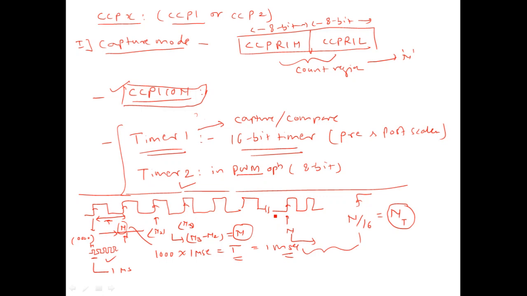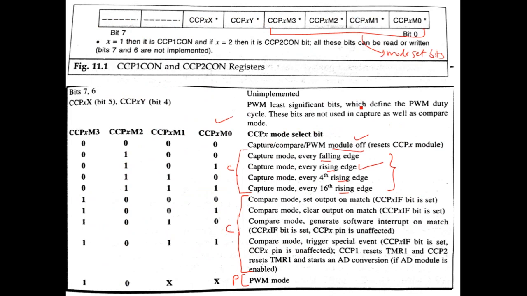It is also possible to measure the pulse width. For example, suppose you are receiving a pulse only. You are not receiving a continuous train of pulses, but a single pulse is being received on your input pin.